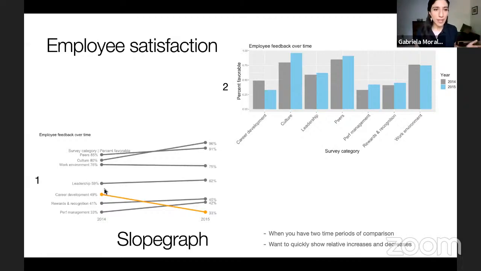For example, if career development has very little variability here, but a lot of variability here, you will be less confident of this result.